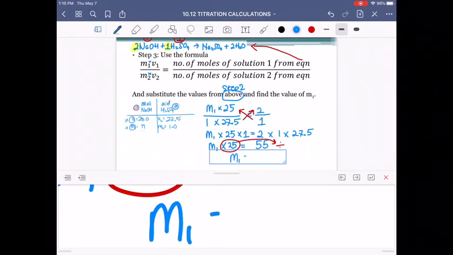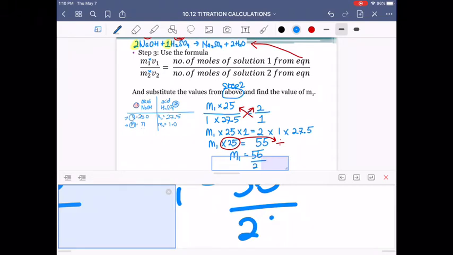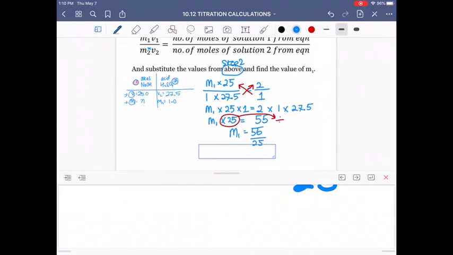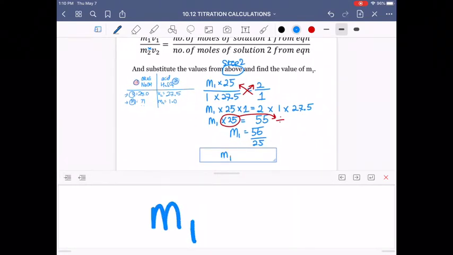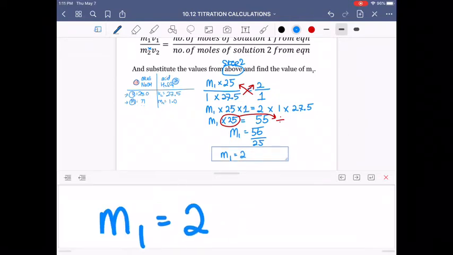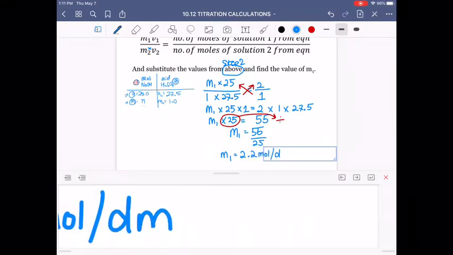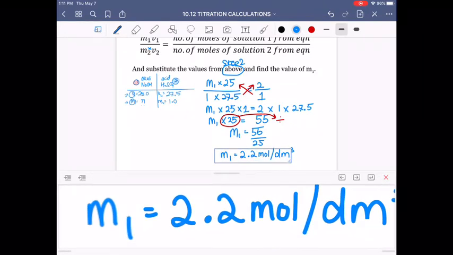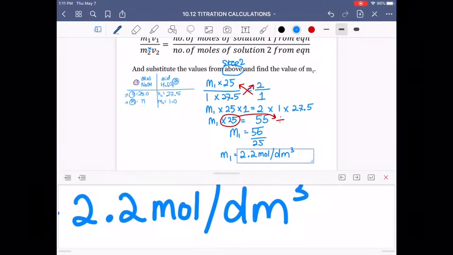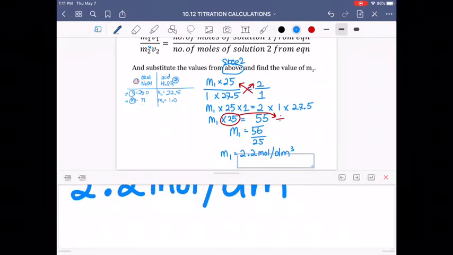So M1 is equal to 55 divided by 25. Then by using your calculator, you should get 2.2 mole per dm cube. Bear in mind this is concentration, your M, this is molarity, so this is the concentration of your sodium hydroxide.